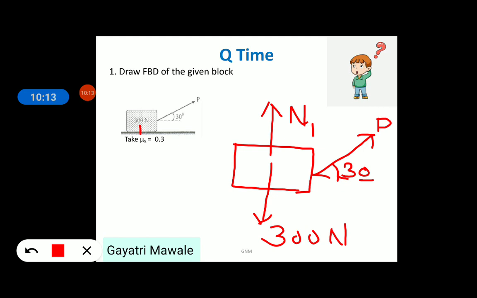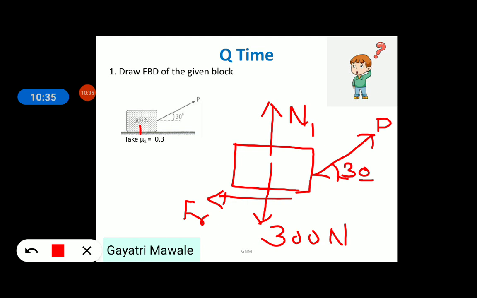If this block moves under the action of applied force P, it will move towards right. So show the friction force towards left, opposite to the direction of possible motion. This is friction force Fr, which is equal to mu s N.